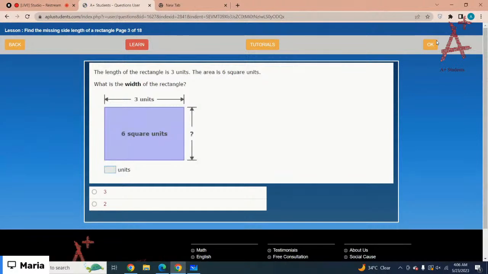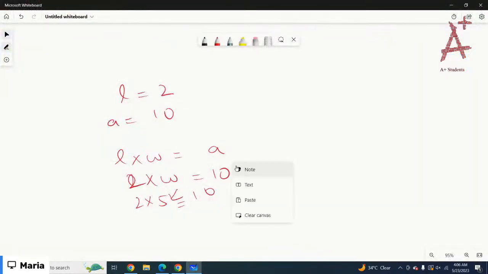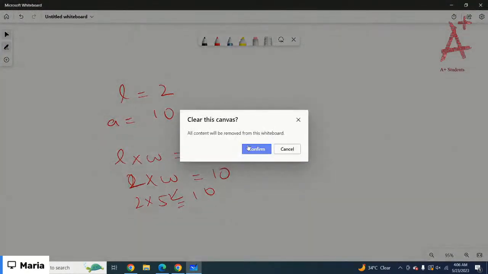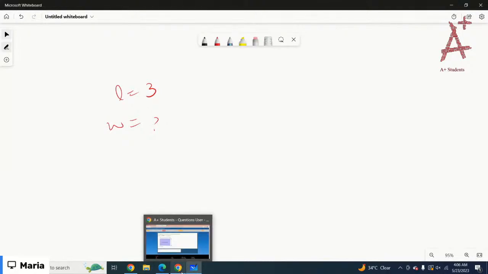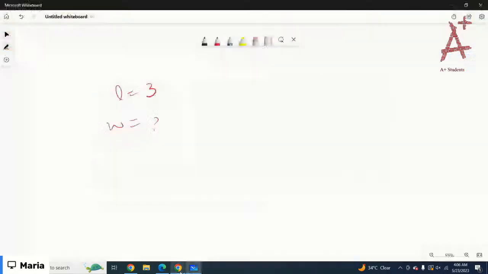Okay, the next one is the rectangle. The length of the rectangle is 3 units. The area is 6 square units. What is the width of the rectangle? So you are given the length, that is 3, and you have to find the width. You are given the area, that is 6. So length times width equals 6.